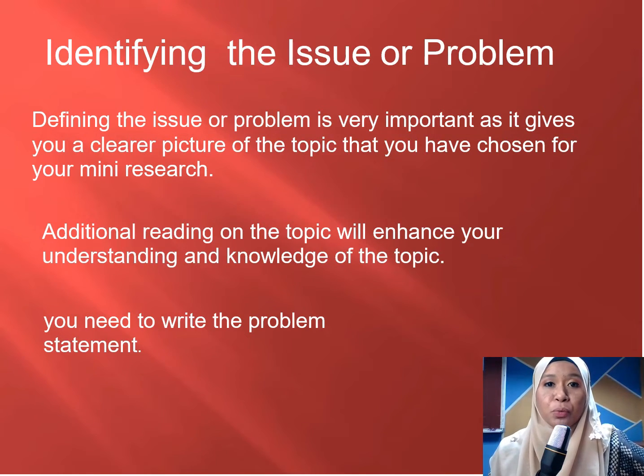You will need to collect many researches from, for example, Google search, or specifically if you go to Google Scholar. Find as many reading materials regarding the topic that you want to identify or create for your mini project.